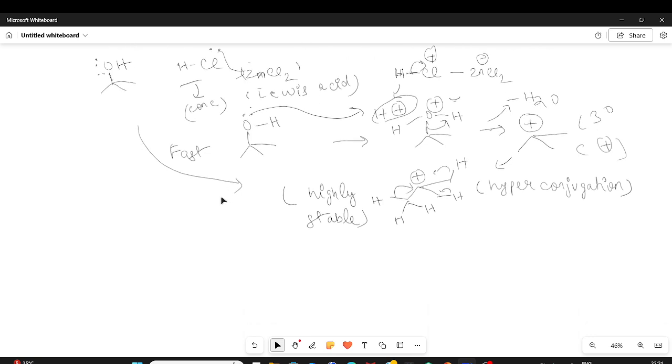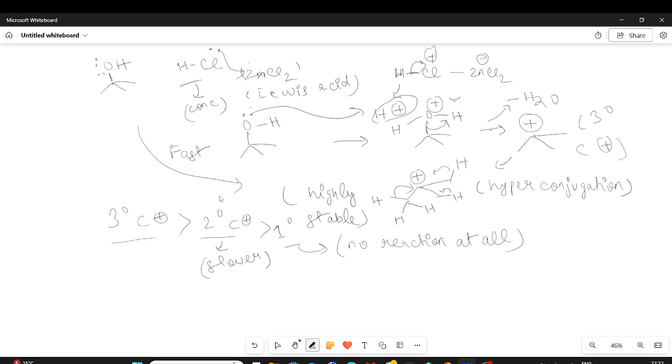Comparatively, 2 degree is a less stable carbocation. We know 3 degree carbocation is most stable, followed by 2 degree carbocation, then least 1 degree carbocation. That is why 2 degree reacts slower, because the carbocation is not as stable as 3 degree. And finally, 1 degree does not show any reaction, or you can say no reaction at all.